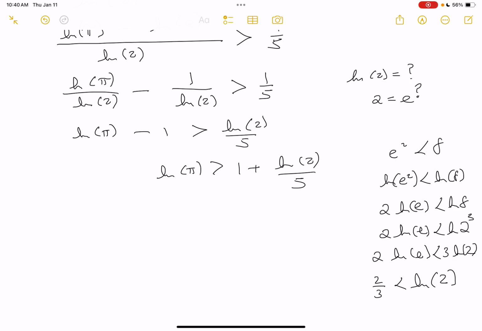All right? Now time to think. It's time to think. And I'm going to start writing things down, by the way. I'm going to write this thing a little bit differently. Let me see, I'll be careful about this. The natural log of pi, we know this to be true, by the way, greater than 1 plus the natural log of 2 over 5.